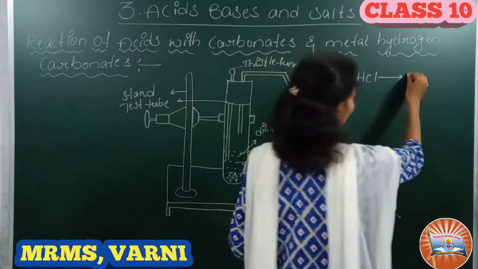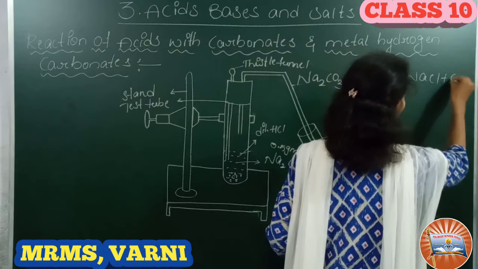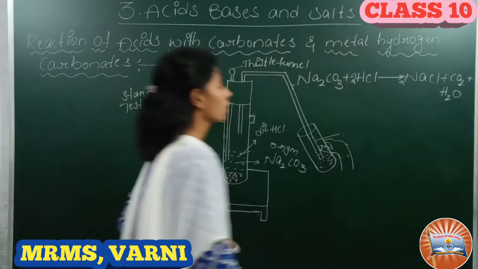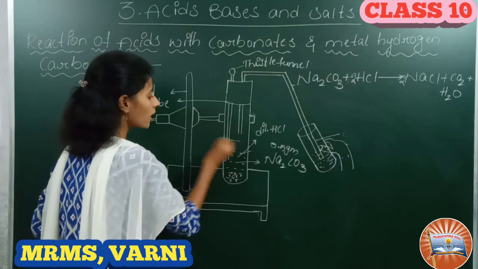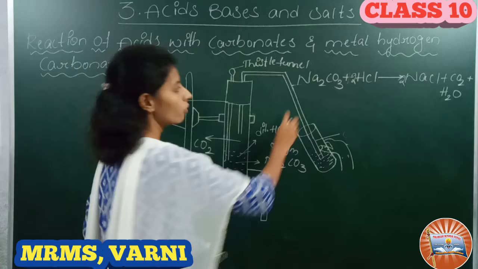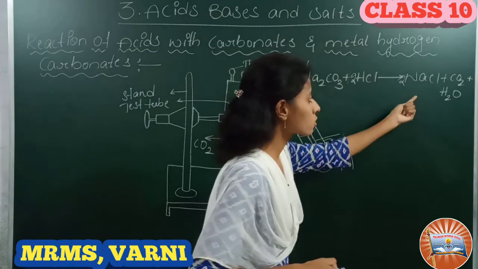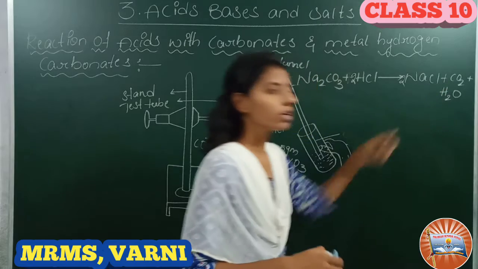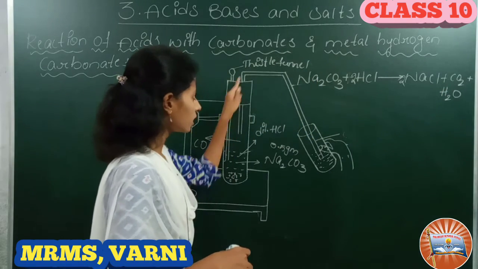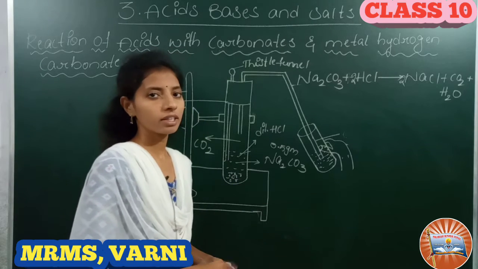So we will get salt and carbon dioxide and water. Okay. So from this the CO2 gas will be released. Okay. When the metal carbonate is mixed with the acid, it will form salt, carbon dioxide and water. Okay. We are passing the carbon dioxide through the delivery tube into the lime water solution. So there we get a precipitate, right.